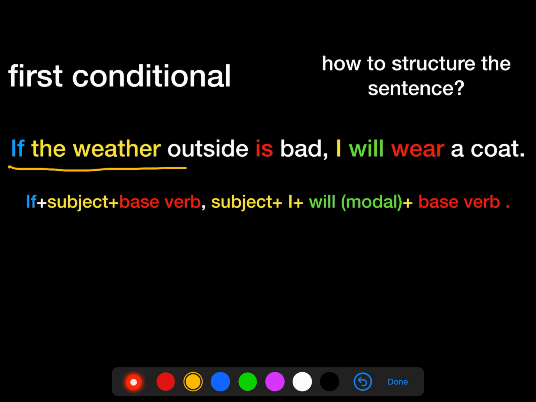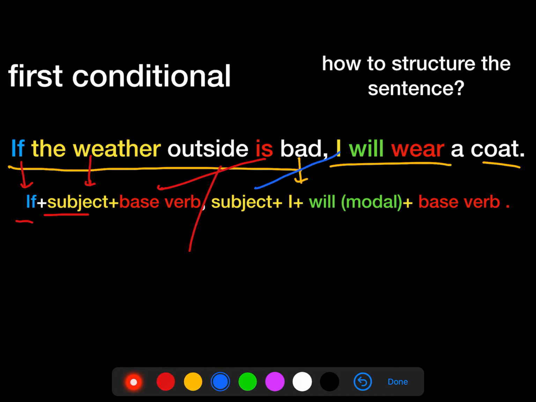If the weather outside is bad, comma, I will wear a coat. So we show the future plan. We show the future plan which is possible. This is the most important part in the first conditional.